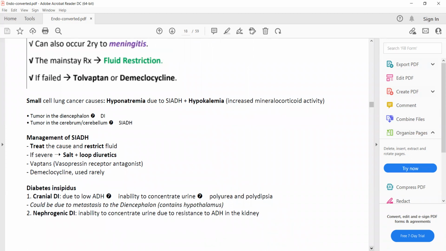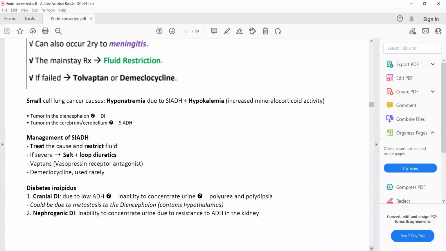What is the treatment or management of SIADH? Because there is excessive ADH secretion or excessive ADH production, we are going to use ADH antagonists such as vaptans and demeclocycline. Both of them are ADH antagonists.